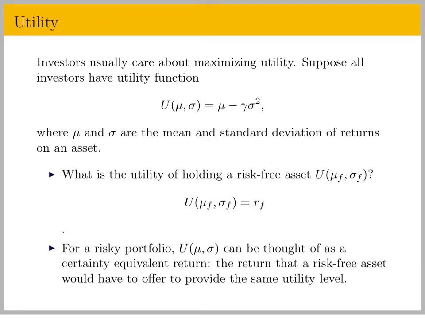That is, there's an alternate value, r star sub f, such that r star generates the same utility as the risky portfolio with mu and sigma. And in that sense, it is a certainty equivalent return. That is, the risky portfolio offers the same utility as a risk-free asset with return r star sub f.